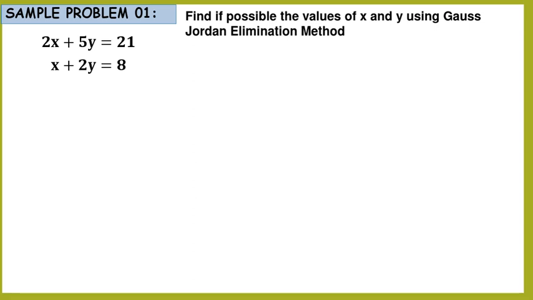So we have here our example 1. In our example 1, we need to find the values of x and y. So we have here the given linear equation that is 2x plus 5y equal to 21 and x plus 2y equal to 8.